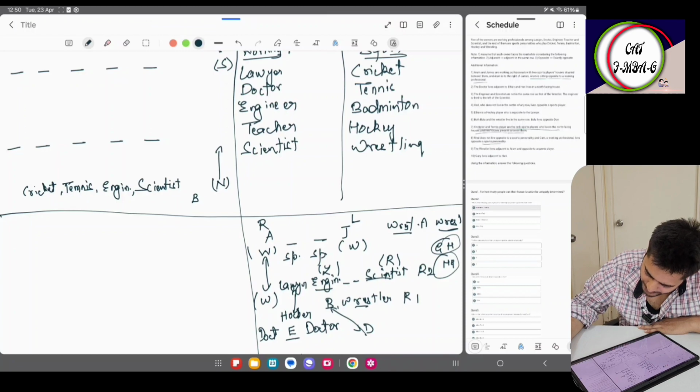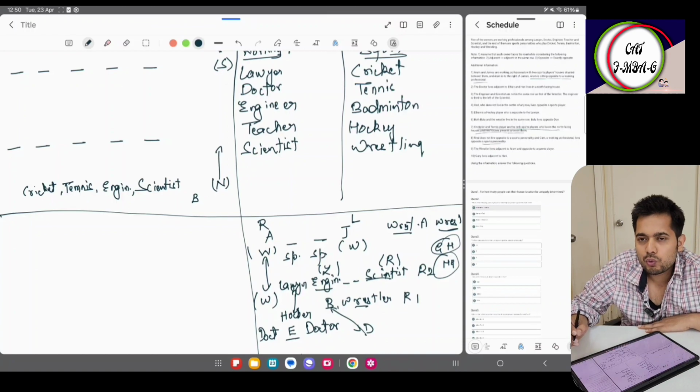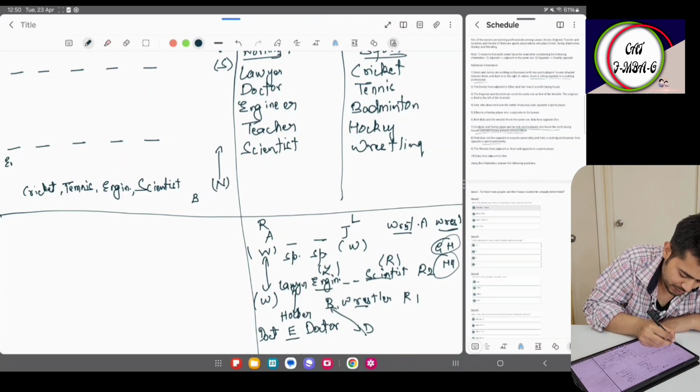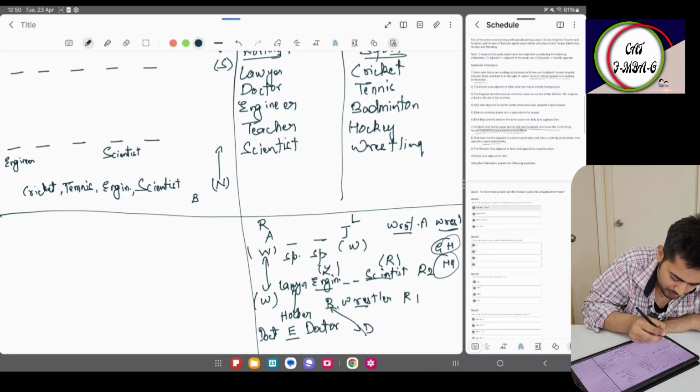Also we know that engineer and scientist, there are two persons between them. So one condition can be like this: engineer and scientist. Okay. And two persons are between them.